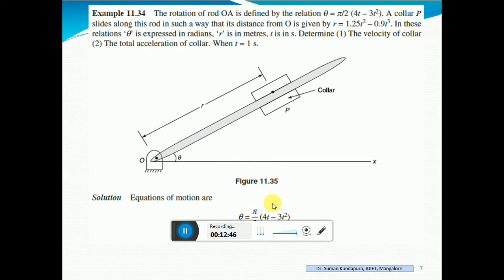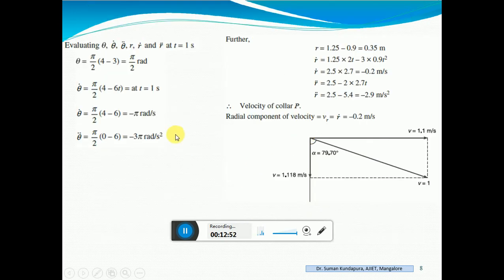So the basic equation of theta and R will have to be differentiated and you will have to substitute the values to find out the radial component and the transverse component.